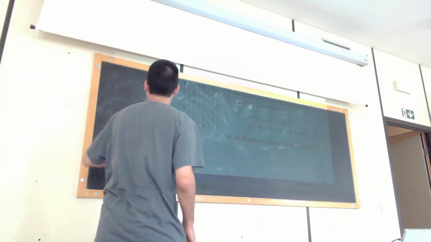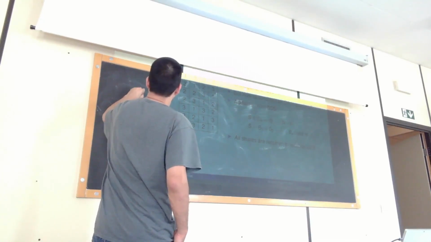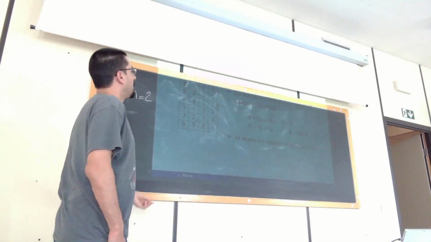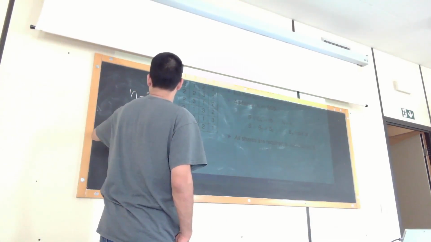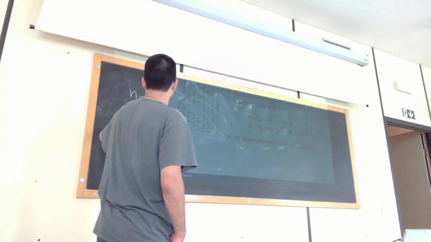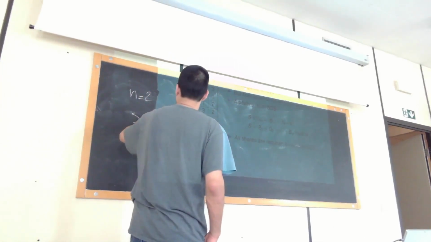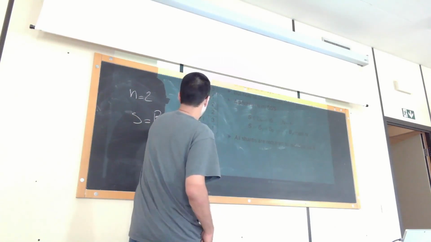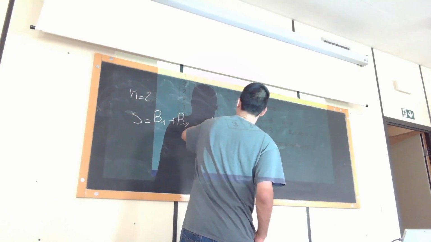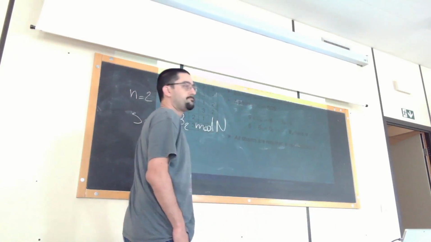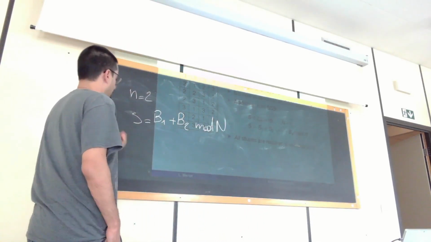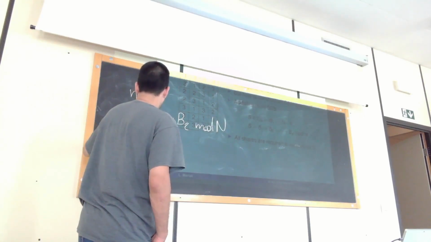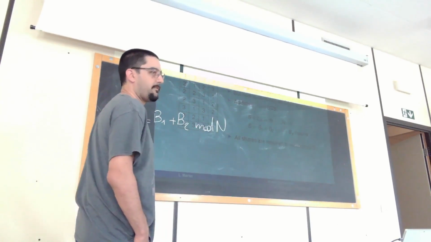But actually here what we are doing is that if you take, again, n equal to 2, you will find that you want to have a reconstruction phase where the secret is equal to B1 plus B2 modulo N. And now again, just for the sake of example, let's say that N is just 4.